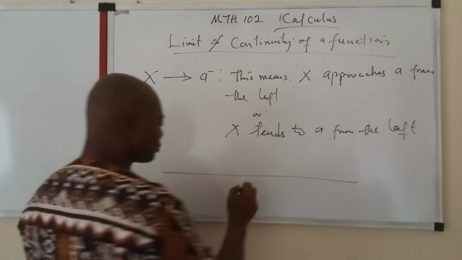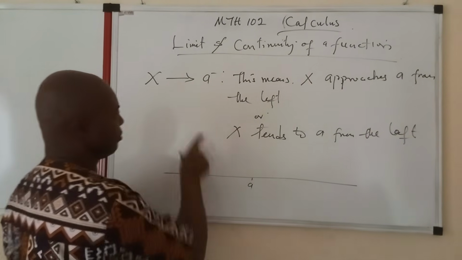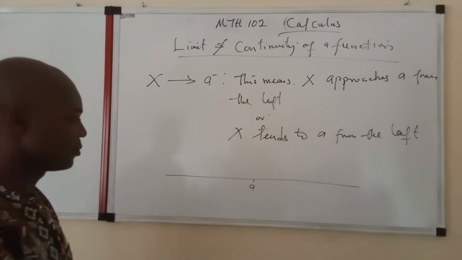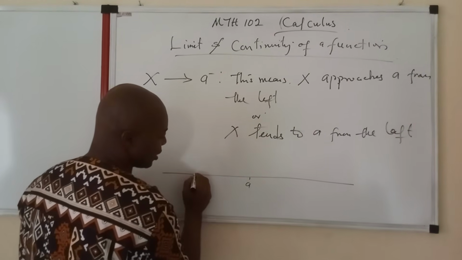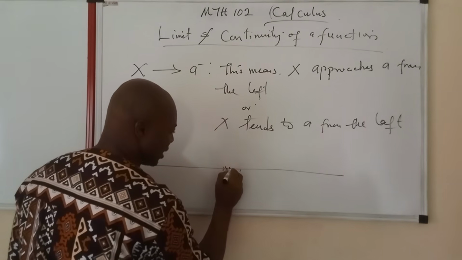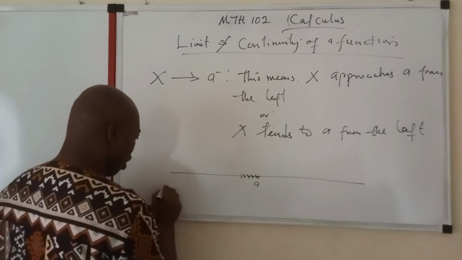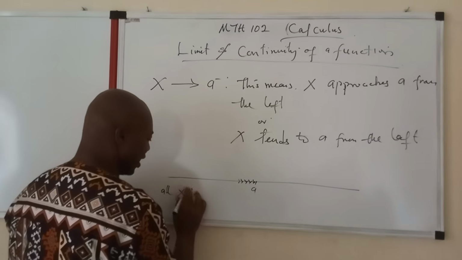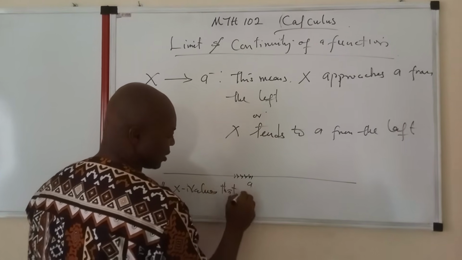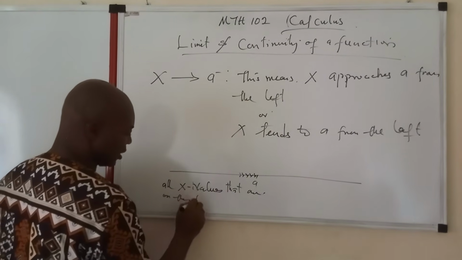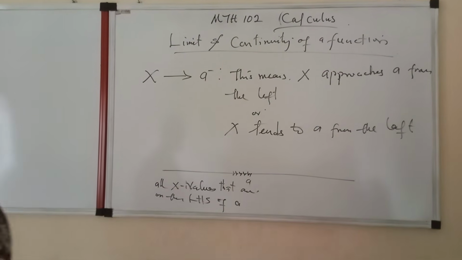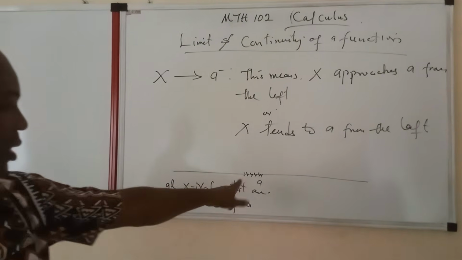Assuming this is the real number line, then say here is a point A. This is the left part of A. This is the right hand side of A. Now we are saying that we are interested in all x values that are on the left side but very close to A. So think numbers that are very close to this point A. All x values that are on the left hand side of A. That's what it means.